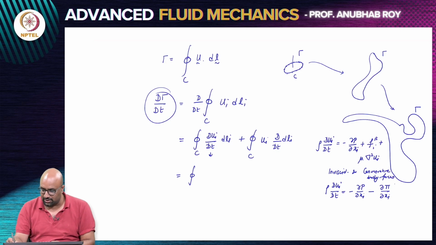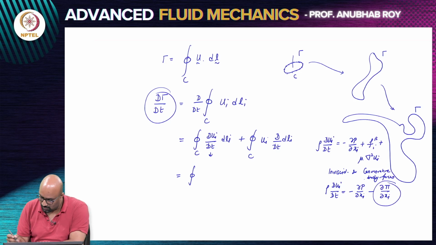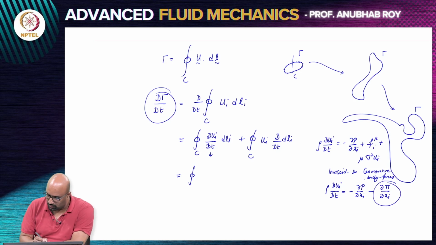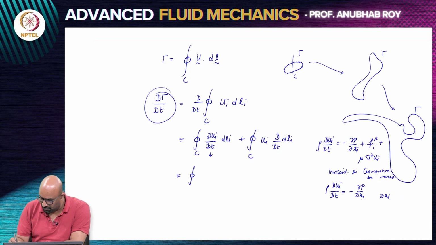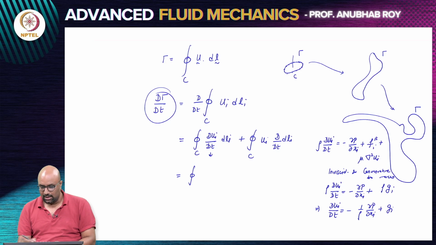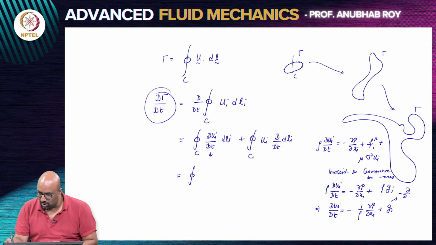So, I am treating it as a conservative body force. Let me write the body force as rho g_i. So, this is du_i/dt equals minus 1 by rho dp/dx_i plus g_i, and g_i I can write as minus d/dx_i of g x3.